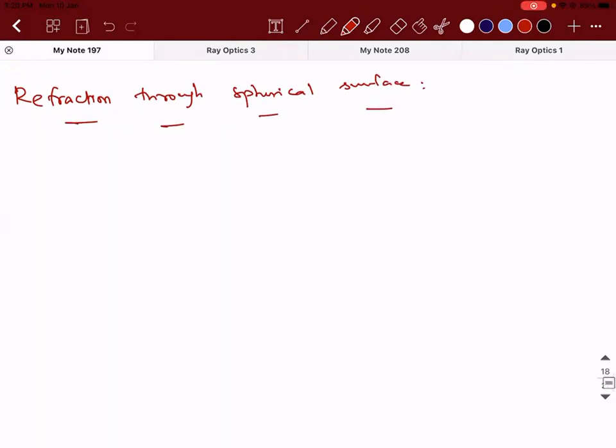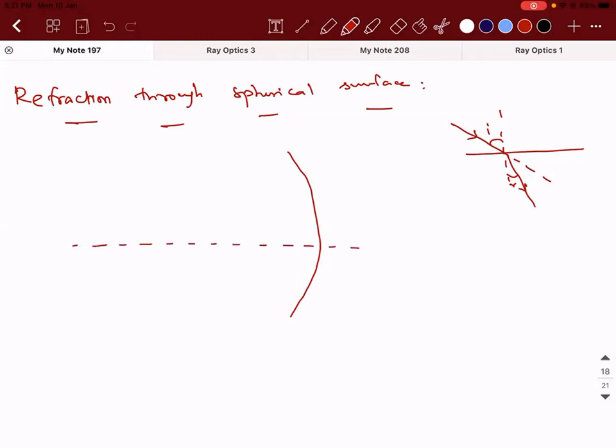For refraction through spherical surface, we'll take a surface like this. Till now, we were seeing refraction at a plane boundary like this. Now we'll see what is going to happen when there is a refraction taking place at a spherical boundary. Is that clear? For which we are going to take a point object.